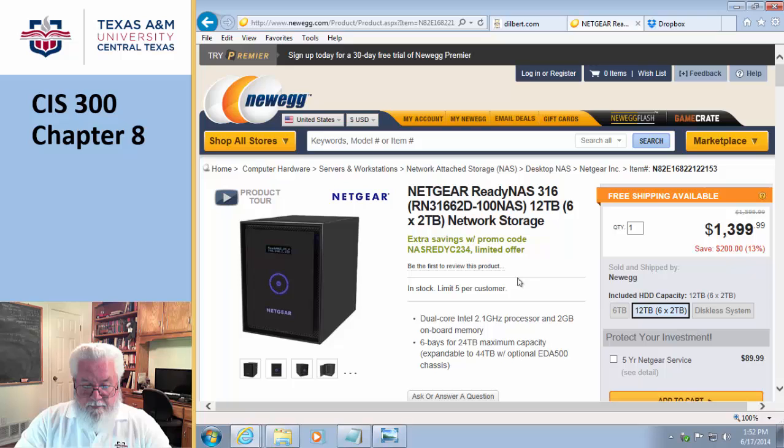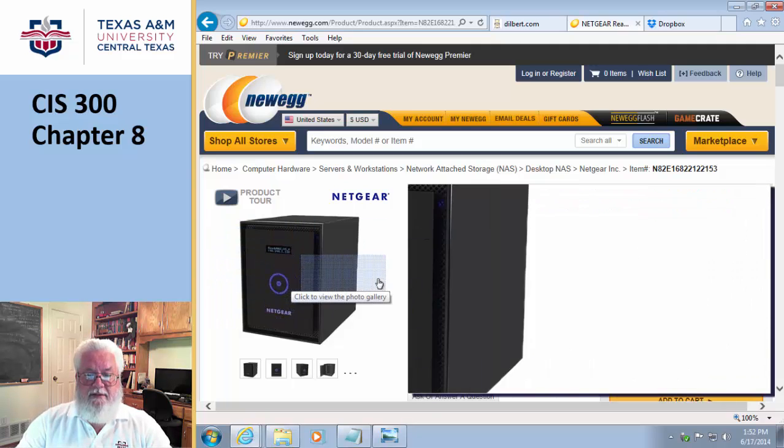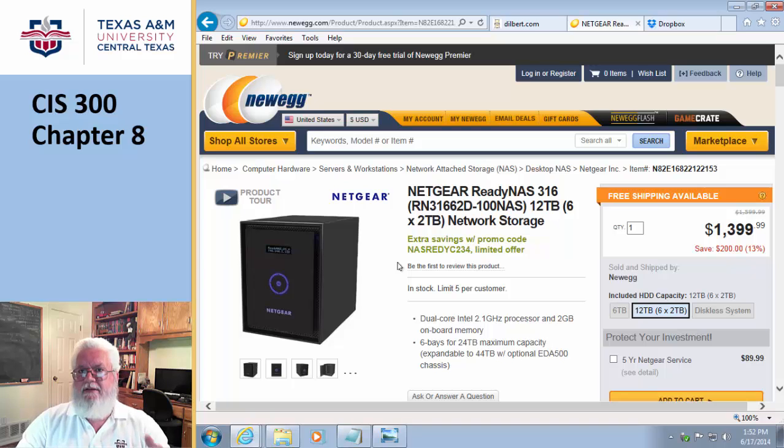Okay. And there's another type, called a storage area network, a SAN. It's the same acronym but backwards. One is a NAS, the other is a SAN. SANs are a little bit more complex. They may physically look like this little guy, but behind the scenes they are radically different.